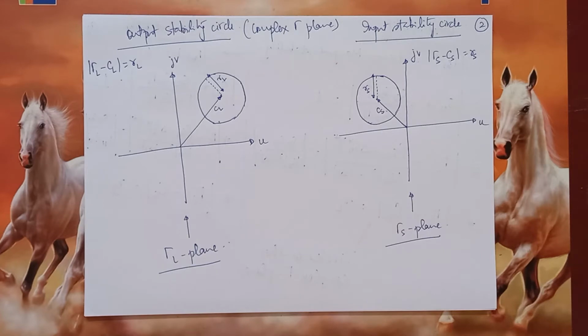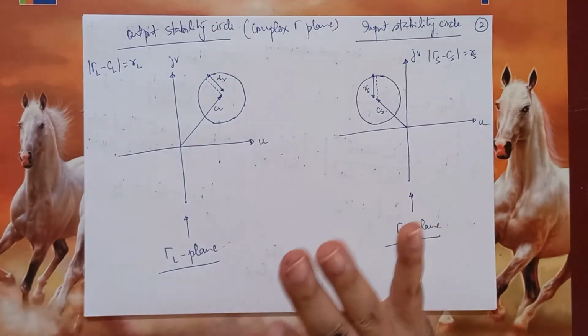Now, what information does this convey? The information that these stability circles convey is not yet very clear to us. So let us go back and ask ourselves, what is the point of doing so much analysis?